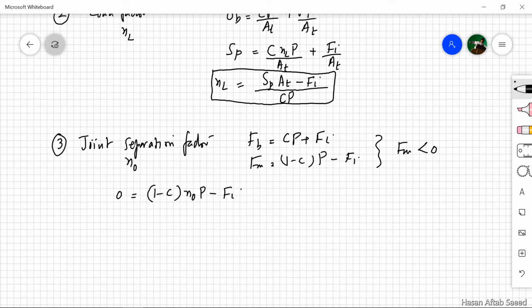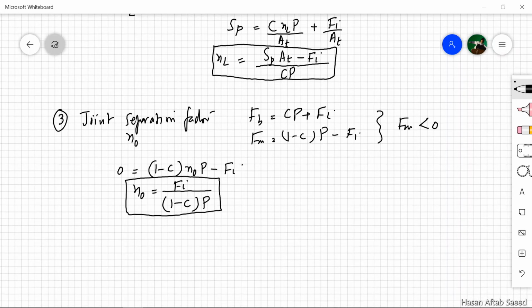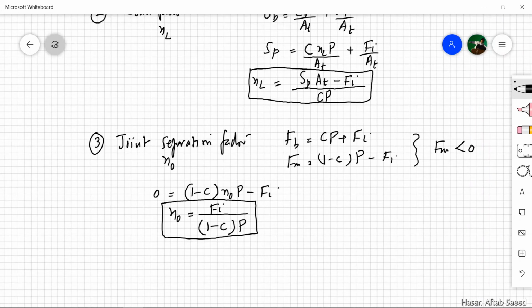So this N0 becomes FI over (1 minus C) P. So this is the third factor. If we can say with confidence that these three are not something to worry about, then this joint is safe from a static loading point of view at least.